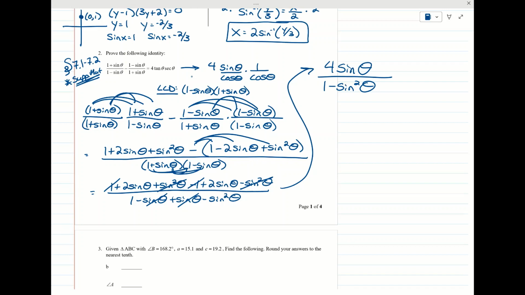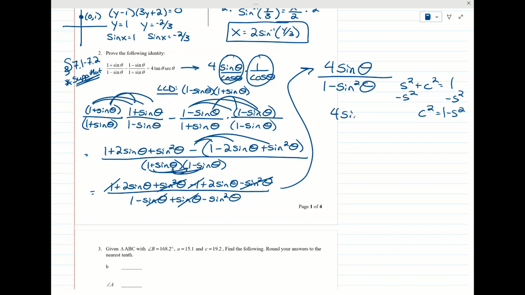All right, now at this point, we have to think about what we're trying to get. You see how in the original, we're supposed to get tangent and secant? It looks like somehow we have to get cosine squared in the denominator. Well, if you practice these enough, you'll remember that sine squared plus cosine squared is 1 is a Pythagorean identity. So 1 minus sine squared is just cosine squared.